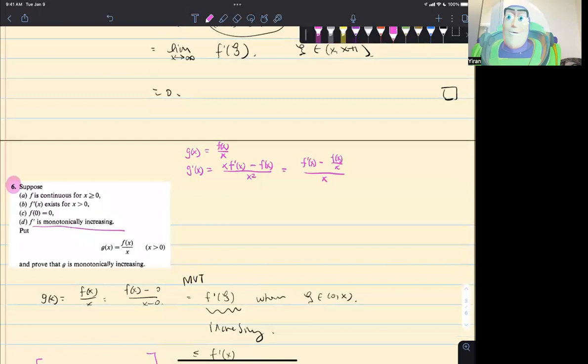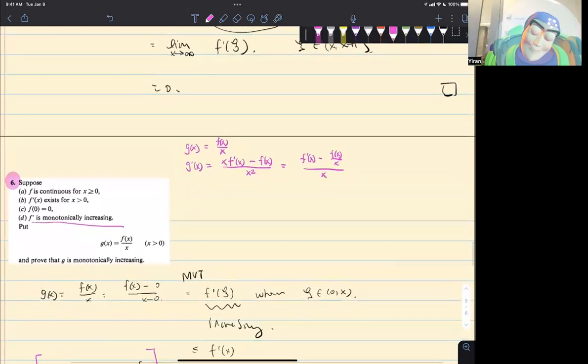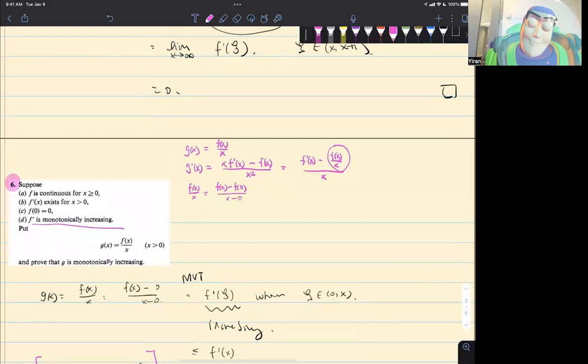So we divide x on both sides. And then what is a good observation is we're going to use the mean value theorem. If you look at this part, f(x) divided by x is equal to f(x) minus f(0) divided by x minus 0, right?